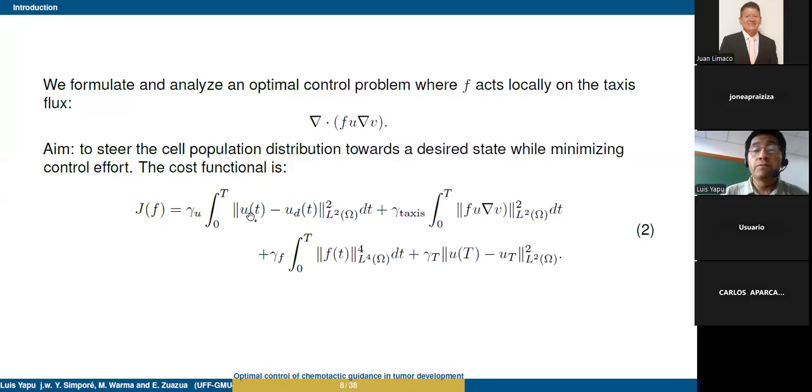We will compare with some function along all time, so we have that interval. We also control the L4 norm of the control f. It's also possible to control the final time and this quantity. So we try a more general cost functional with this form.